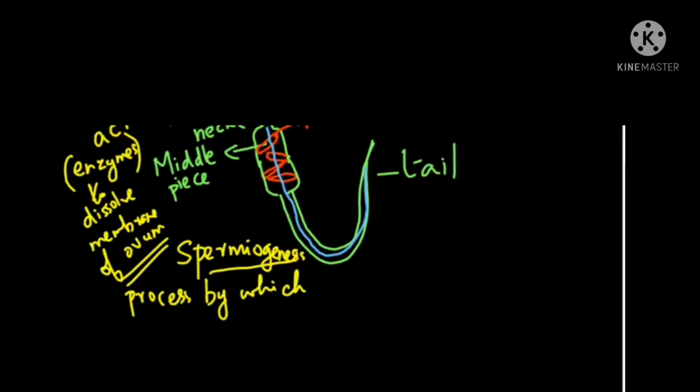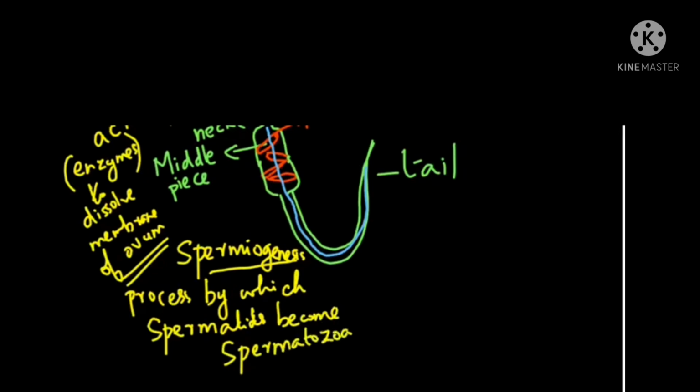You told spermatids. Good. The process of spermatids, which is tailless, to form spermatozoa. Very good. Correct answer. So spermiogenesis is a process by which spermatids will become spermatozoa after consuming nourishment from Sertoli cells.